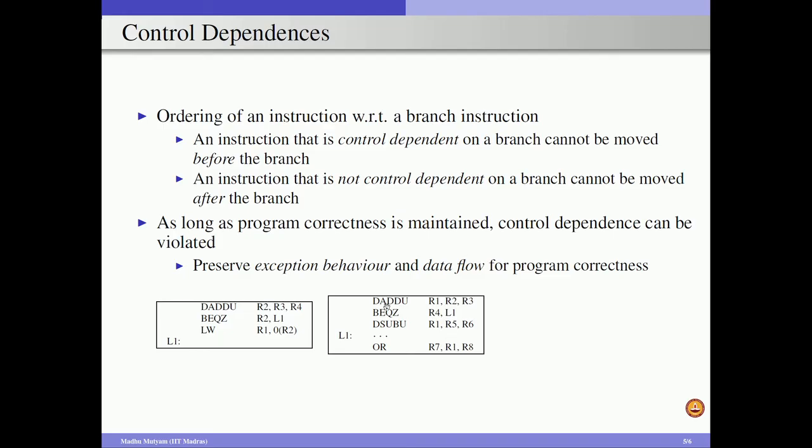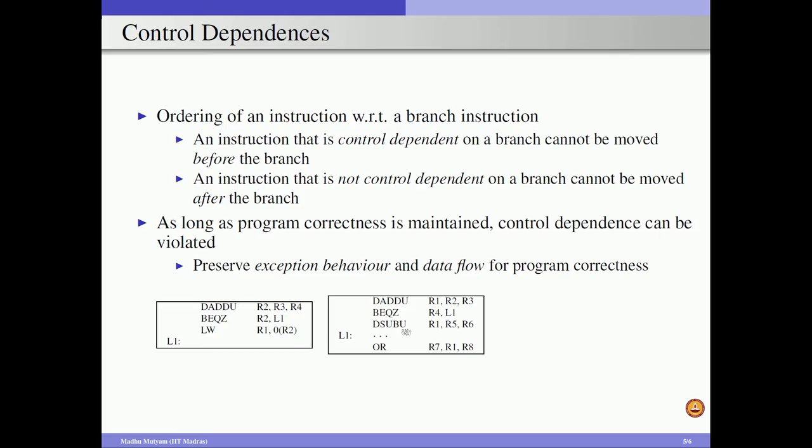If the branch is not taken, R1 is supplied by the subtract operation. So, effectively, the input for the OR instruction depends on the branch outcome. In such a scenario, we cannot move our subtract operation before the branch instruction.